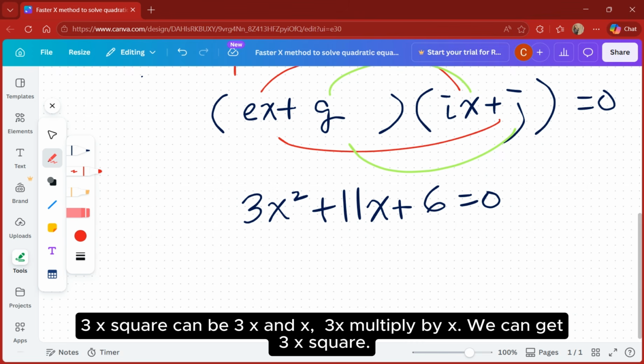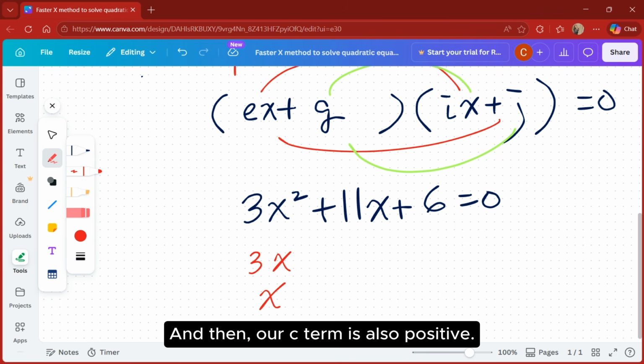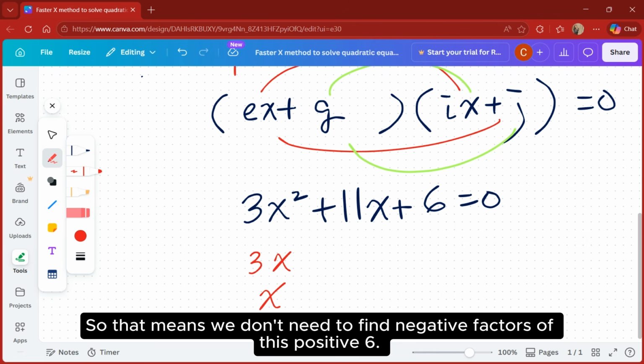3x squared can be 3x and x. 3x multiplied by x, we get 3x squared. And we don't need to consider negative factors because our b term is positive, right? And our c term is also positive. We want to find this 11x, also positive. So that means we don't need to find negative factors of this positive 6.